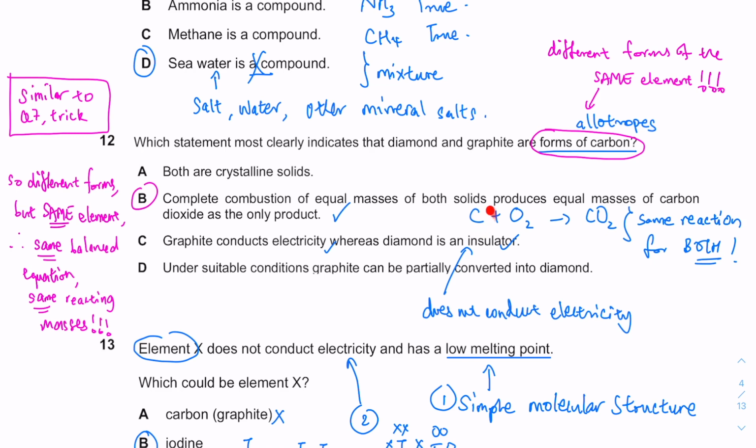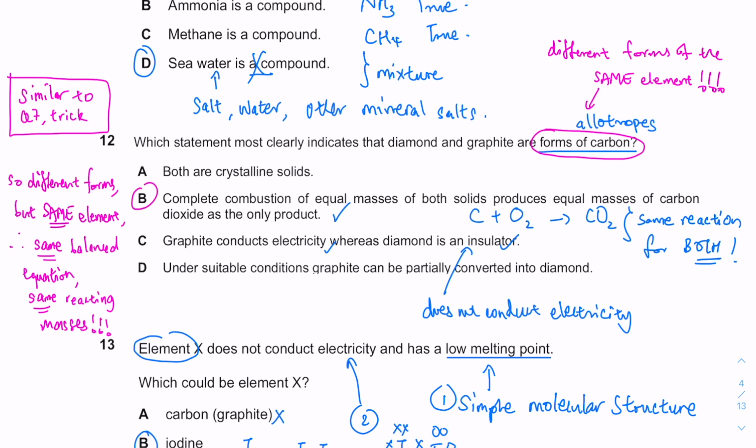But if you use 1 gram of graphite or 1 gram of diamond, you will get the same mass of carbon dioxide produced. The conservation of mass idea is that whatever mass goes in here plus whatever mass goes in here will give you the total mass on the right hand side, provided the equation is balanced. So if diamond and graphite start with the same mass, you will end with the same mass of carbon dioxide because they follow the same balanced equation.